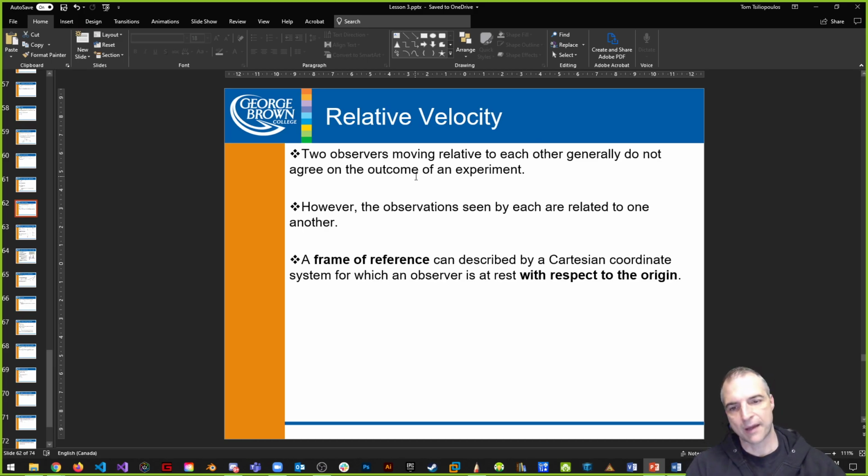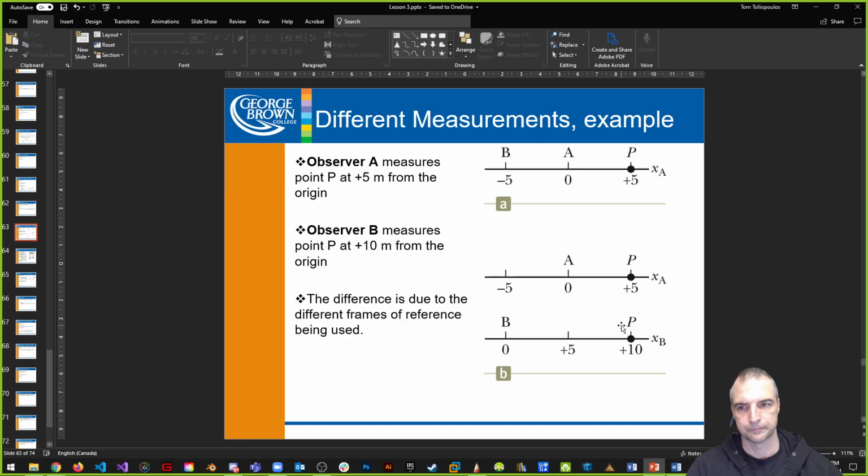So we have this idea called frame of reference, and it's when we say that the observer is at rest with respect to the origin, the origin being Mario. Here we're going to talk about it really briefly because it doesn't relate to us too much, where I have observer A, who measures point P at 5 meters.